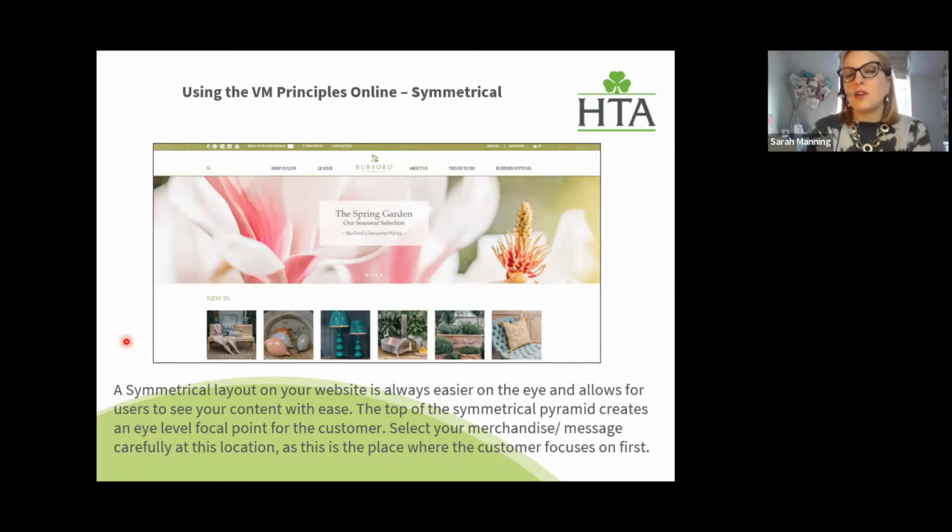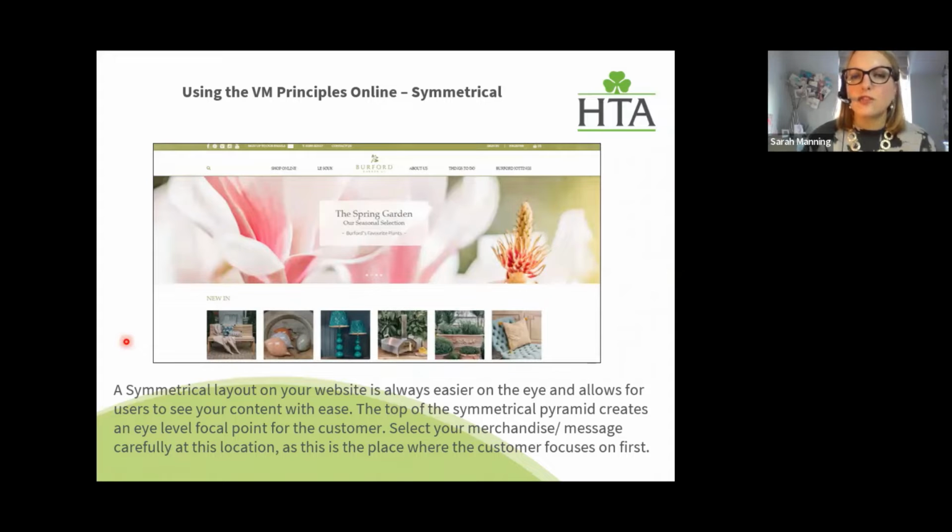Psychologically, anything that we see as a symmetrical layout or pattern, whether in store or online, seems to allow our customer to see the information, whether it's text or picture content, with ease, and to look at everything really quickly and easily.